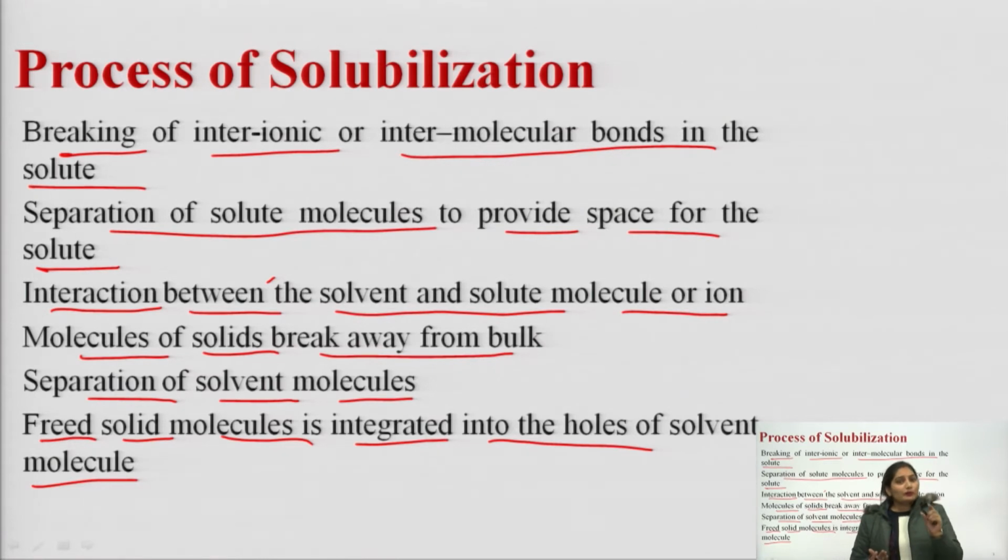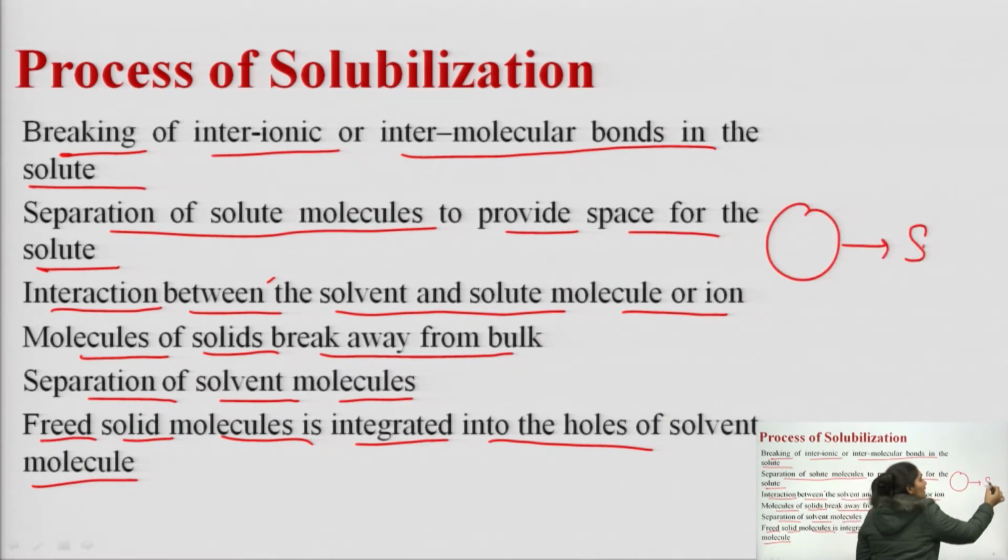Okay. So, this process of solubilization involves various processes, and first is the breaking of interionic or intermolecular bonds in the solute. When we are studying solubilization, a certain solute is going to be mixed in the solvent.